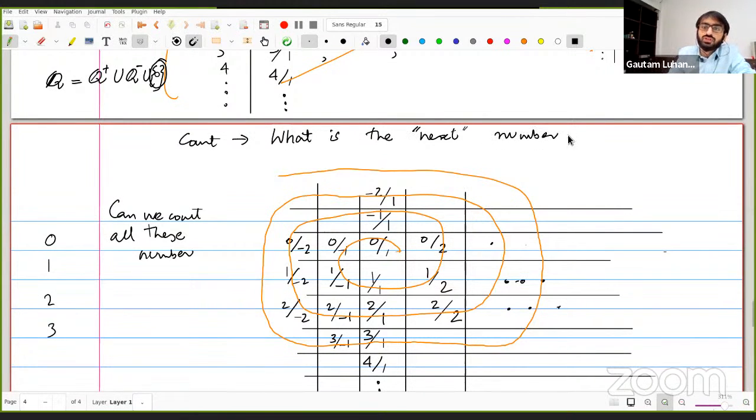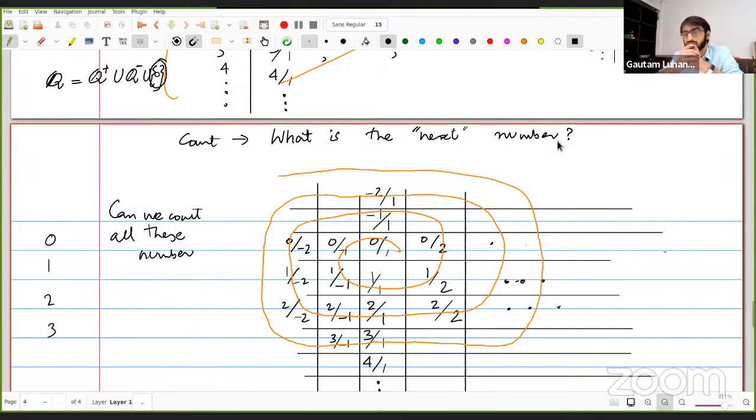That's essentially what you're doing when you're counting, right? So when you're counting the set of natural numbers or the even numbers, you're saying, what is the next number? The first number is 2, second number is 4, third number is 6, and so on. When you counted the integers, you said first number is 0, second is 1, third is -1, fourth is 2, and then -2, and so on.